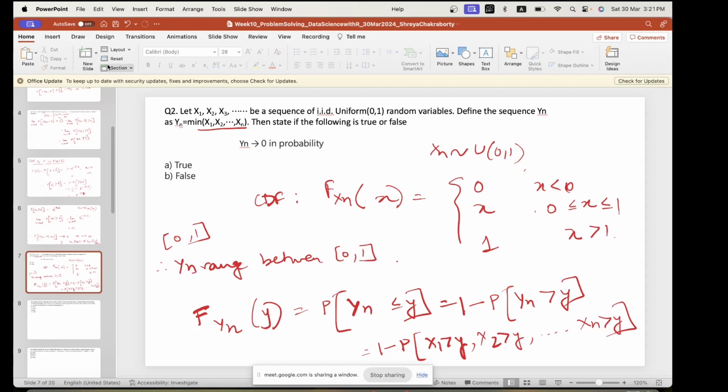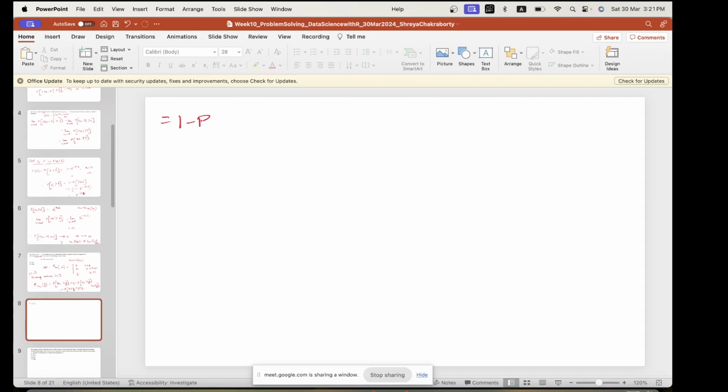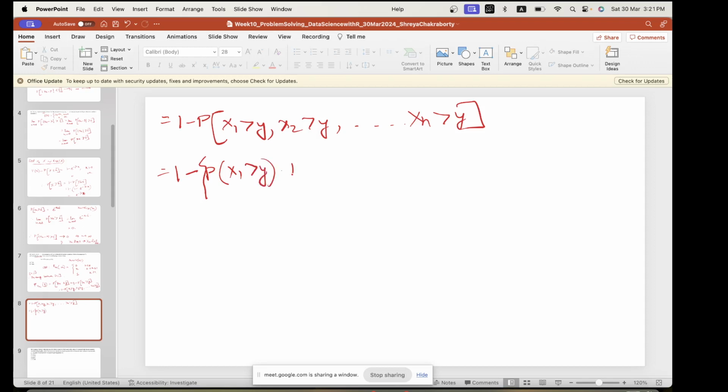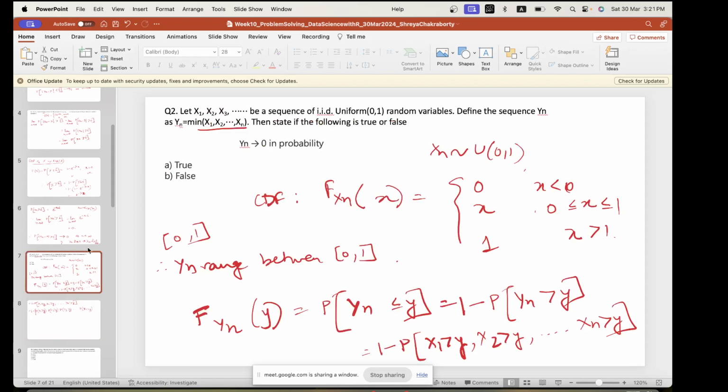Okay. Now this one, x1 greater than y, x2 greater than y, ..., xn greater than y, we can write as 1 minus the probability of x1 greater than y times the probability of x2 greater than y times the probability of x3 greater than y, and so on up to the probability of xn greater than y. Why can we do that? Because it is IID, identical and independent.